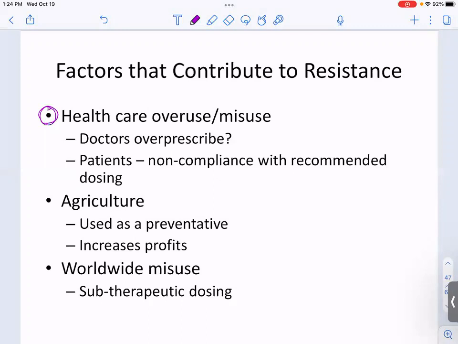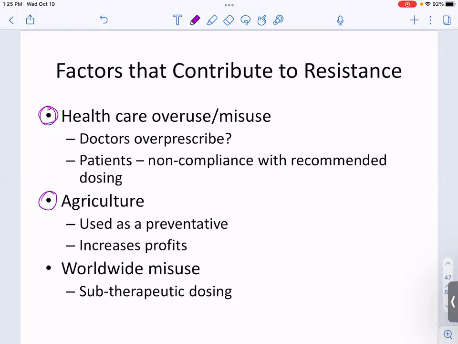Sometimes patients don't take the whole dose. So you take maybe a few days and then you stop, and we think that can contribute to bacteria developing resistance. They've been massively overused in agriculture, and that's a hard problem because it really needs some kind of regulation to say that nobody can do it anymore. Because when you put antibiotics in animal feed, the animals typically will grow faster.